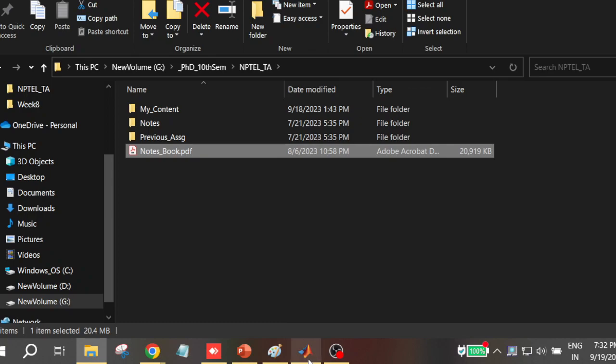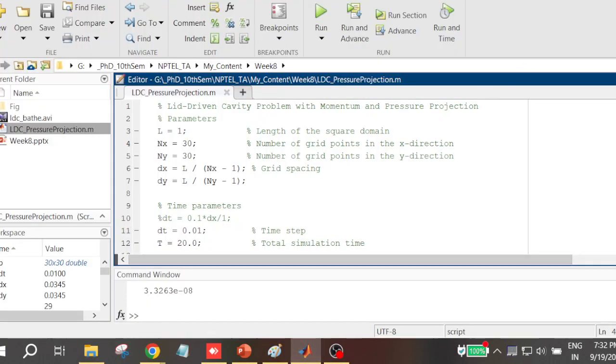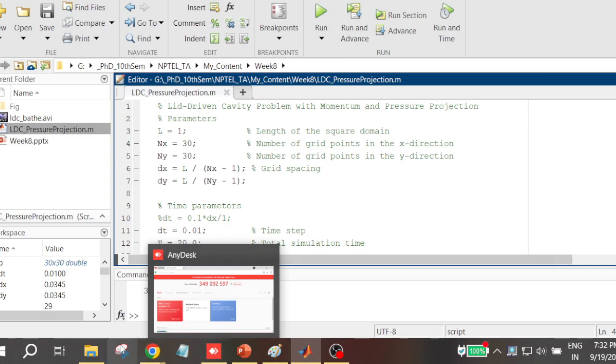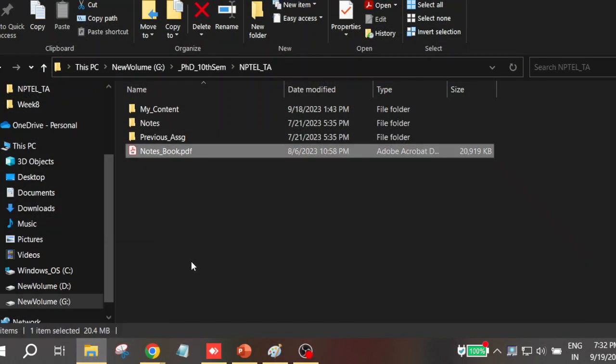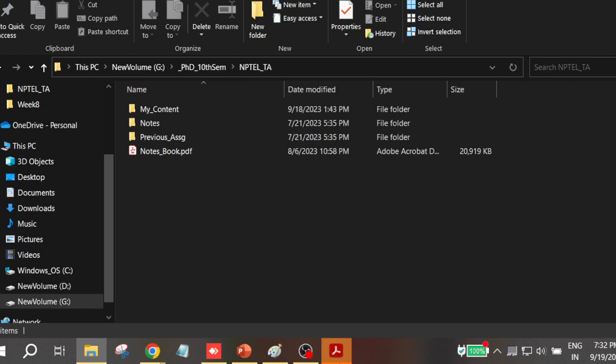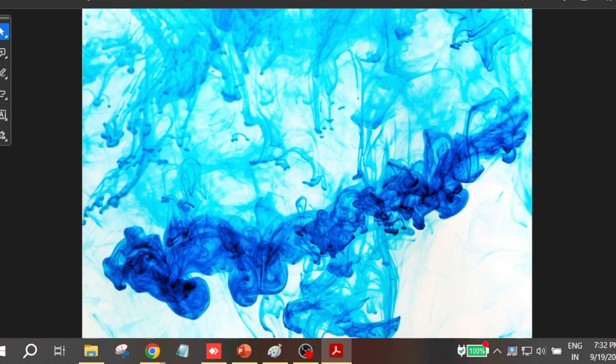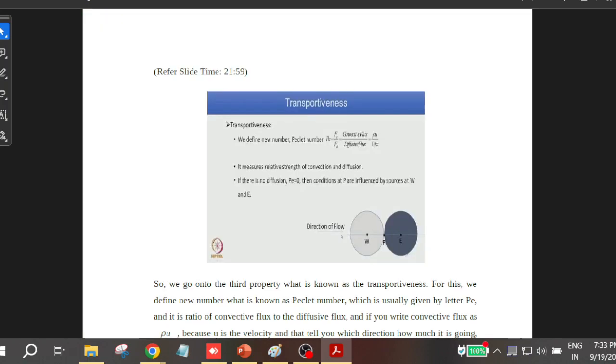Wait a minute, I'll just close this MATLAB, it will take too much memory. Page 167, sir.